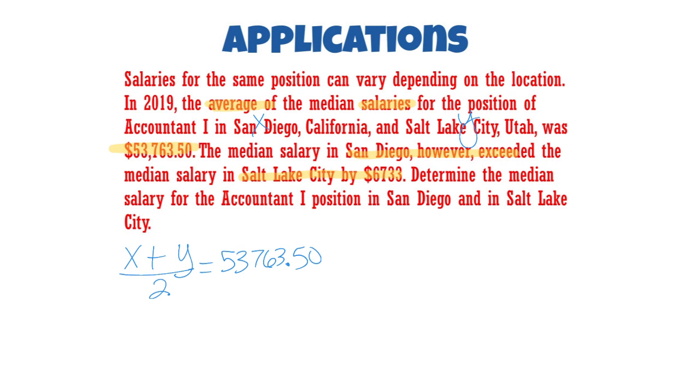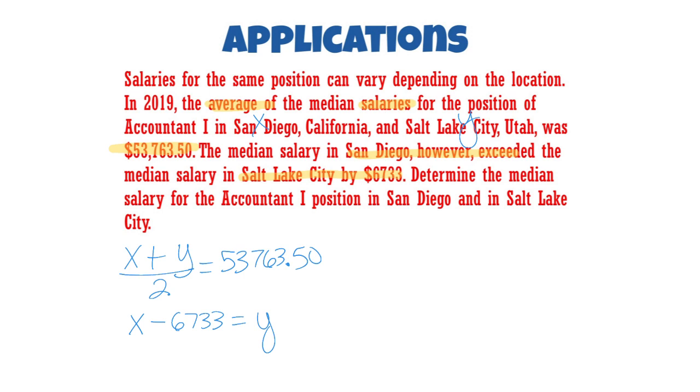Now you could write this a couple different ways, but in my mind, what that says is that X is going to be bigger than Y because San Diego was higher than Salt Lake City. So if I want to write an equation to show some sort of equality here, I would have to take San Diego's salary, and since it's bigger, I would have to subtract the 6733, and then that would be the same as whatever it was in Salt Lake City.